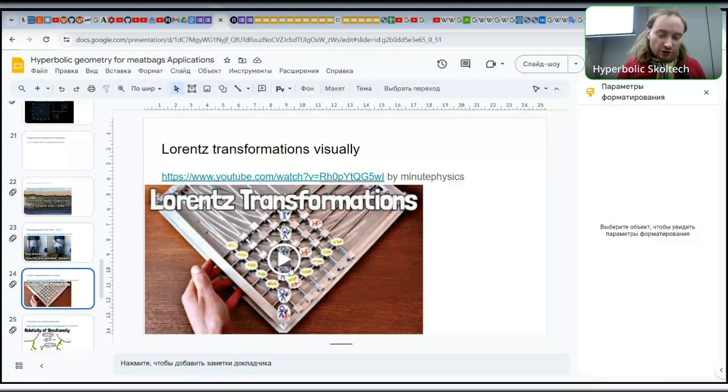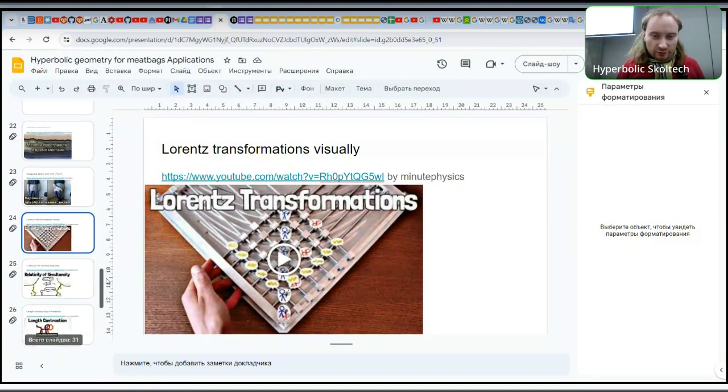There is a visualization of how this group acts. If you would like, I would show you, and if not, I just continue.